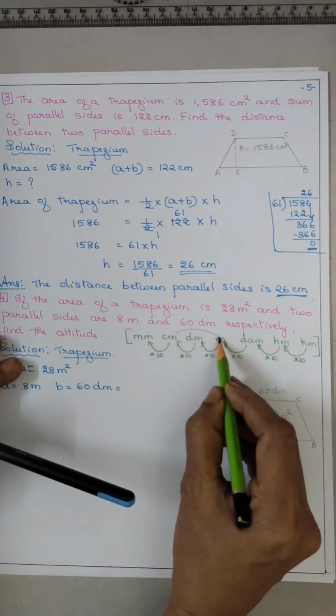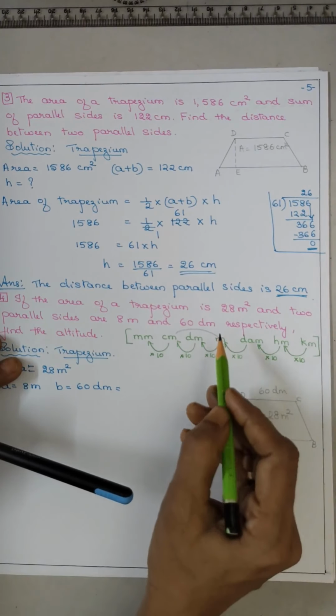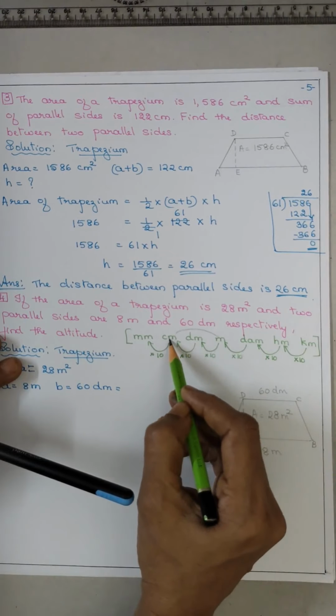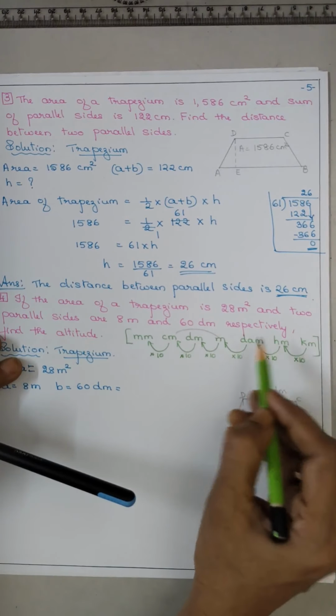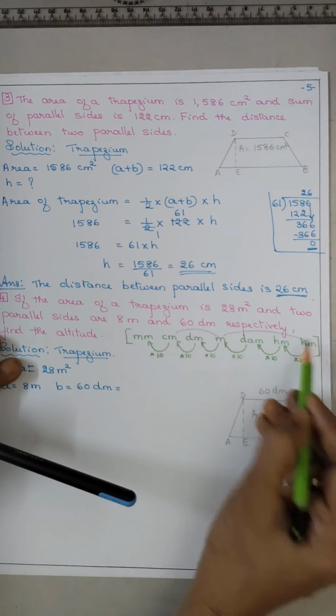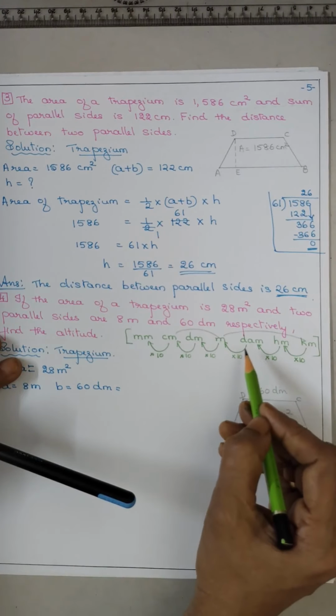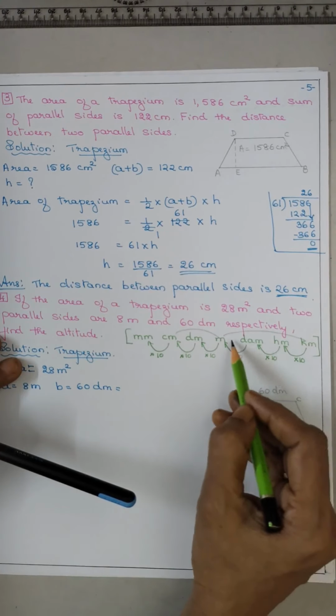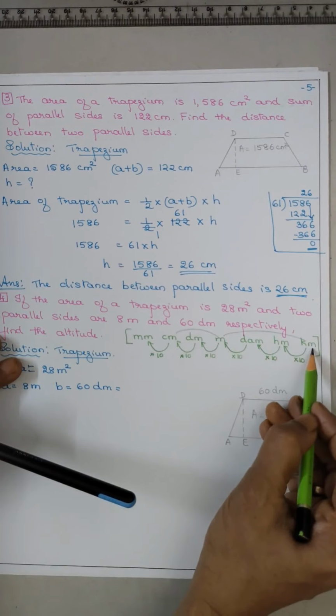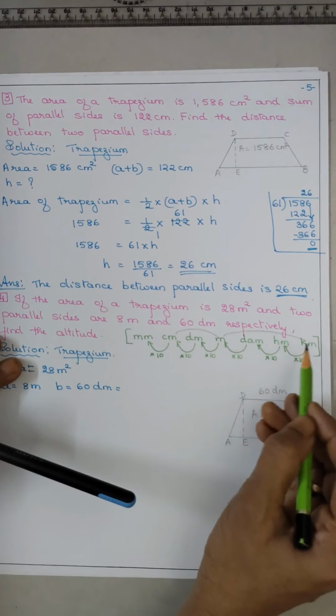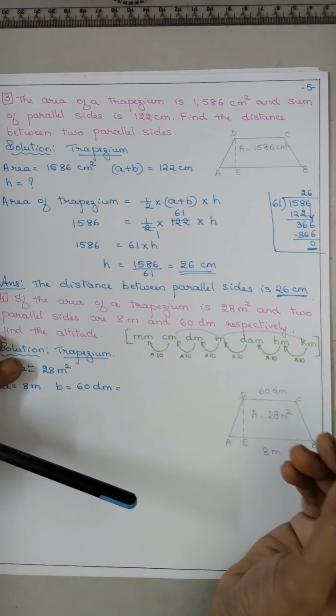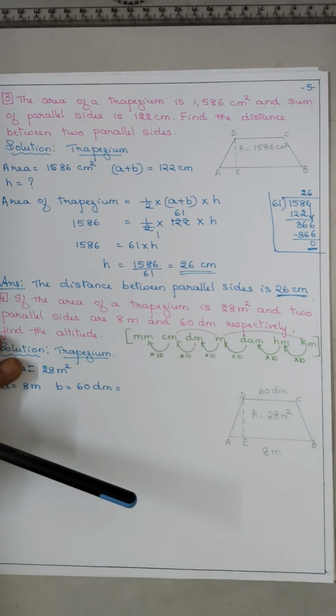So here it is a jump. 1 kilometer is equal to 1000 meter. 10, 100, 1000. That's why 1 kilometer is equal to 1000 meter. So at each step you have to multiply by 10.